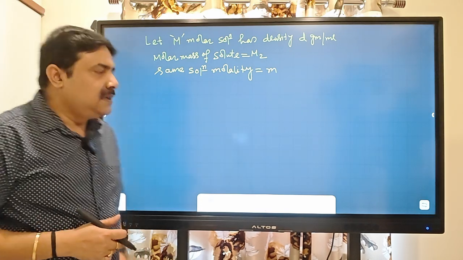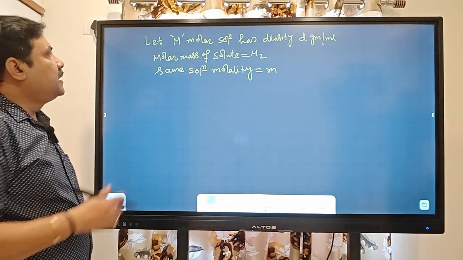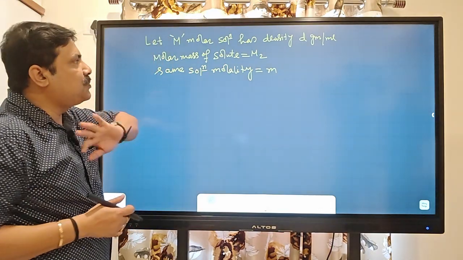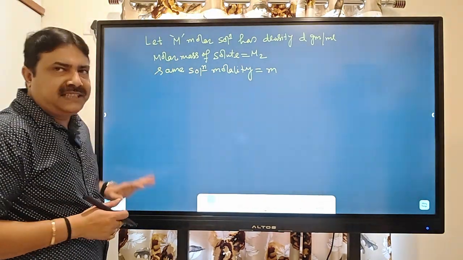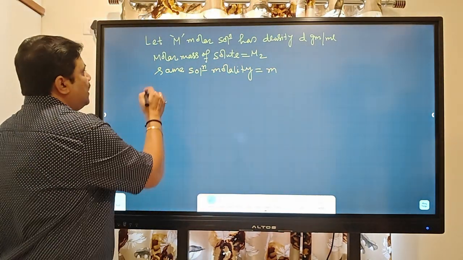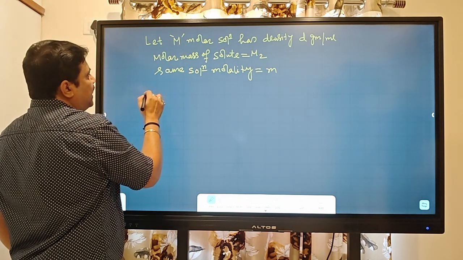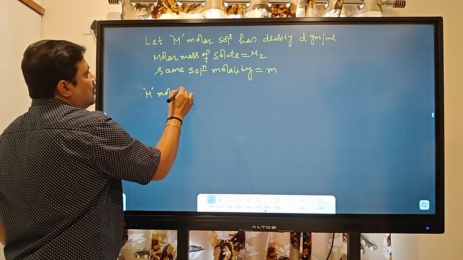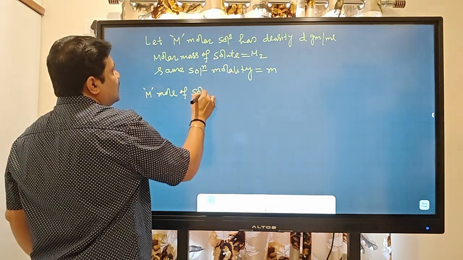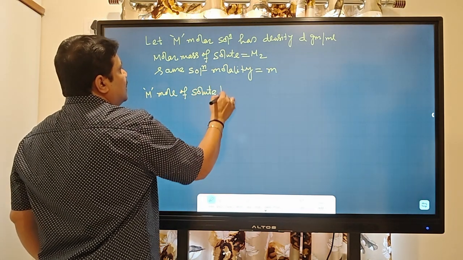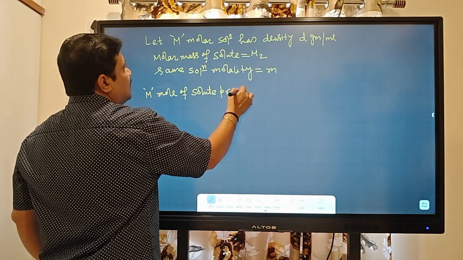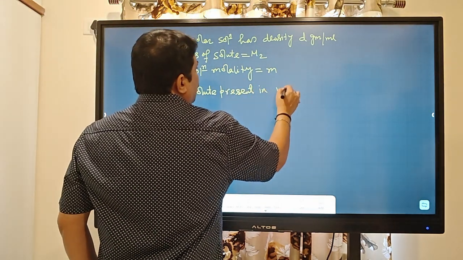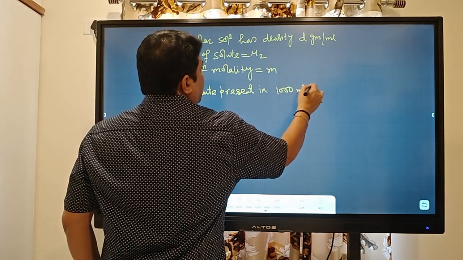Is it clear? So now look at how we will proceed to establish the relation between capital M and small m, that means molarity with molality. Now what is the meaning of this? M molar means M mole of solute present in 1 liter of solution, and 1 liter of solution means 1000 ml of solution.